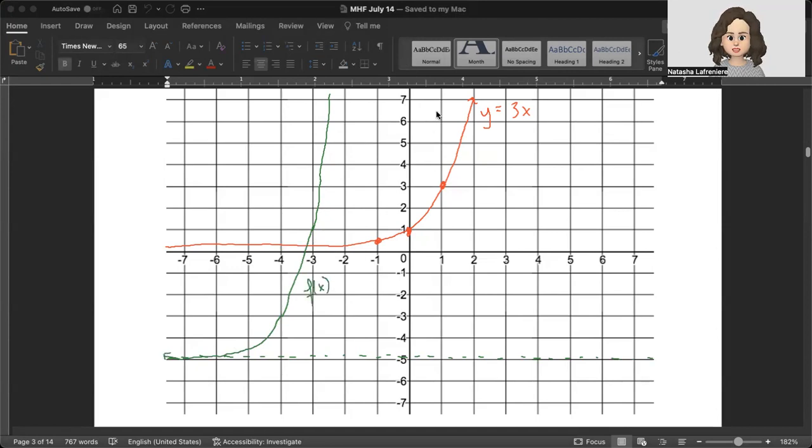And then we've got our g of x that uses the asymptote +4. And it goes on and on and on. Okay.